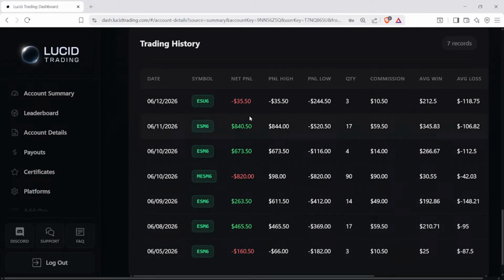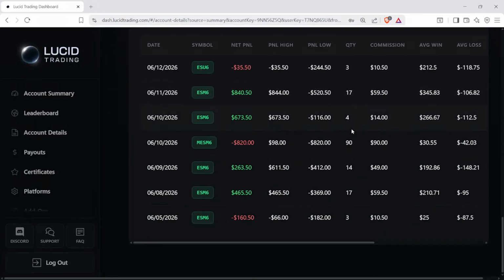Yep, so this is my trading, what it looks like. Quantity 3, 3 contracts and 35, 17 here. So I did more trading than I usually do. 4 contracts here, 14 contracts here. I know I must have been down and fought my way back. My low was 14, so my lows are 14.